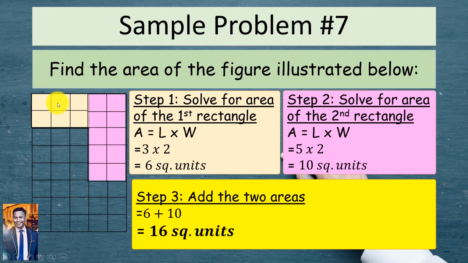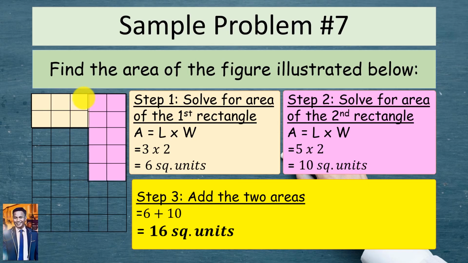So kung bibilangin natin actually lahat ng square units na yan, we are going to come up with 16 square units. Okay, tanong, bakit kaya units lang? Kasi po, wala namang nakalagay na unit of measurement. Hindi siya nakalagay kung centimeters, meters, feet, or inches.